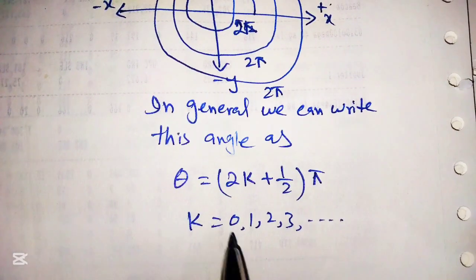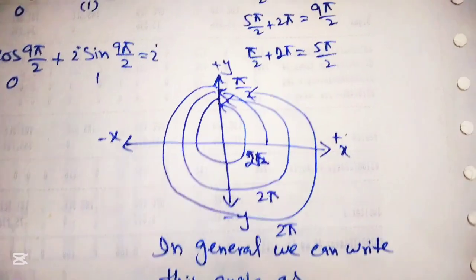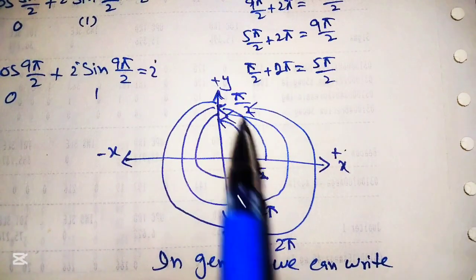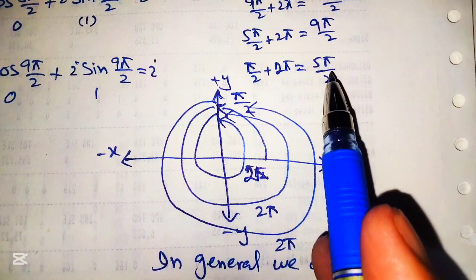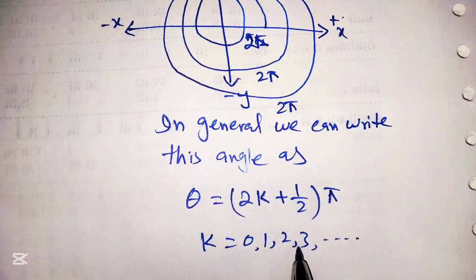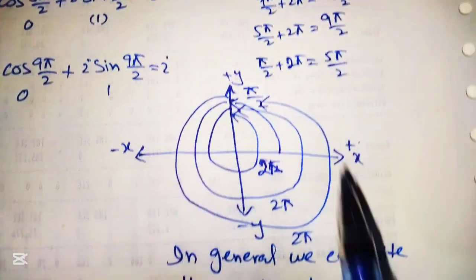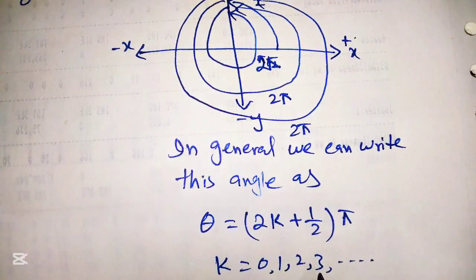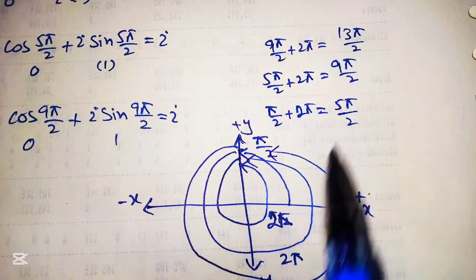By putting these values, if we put k equal to 0 in this equation, we get theta equal to pi by 2, and by putting k equal to 1, we get theta equal to 5 pi by 2, and by putting k equal to 2, we get theta equal to 9 pi by 2. Similarly, if we put k equal to 3, we get the value of theta as 13 pi by 2, and so on.